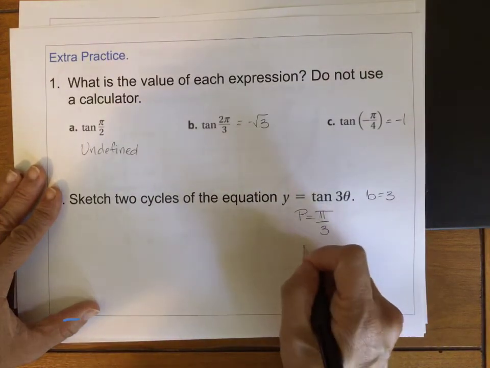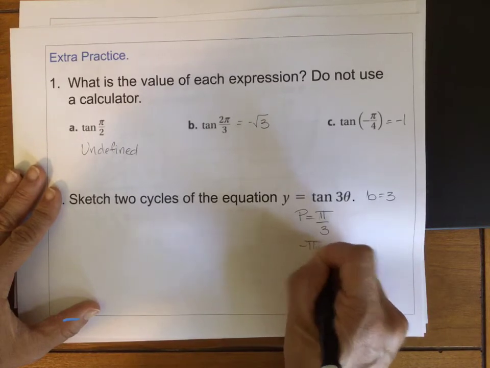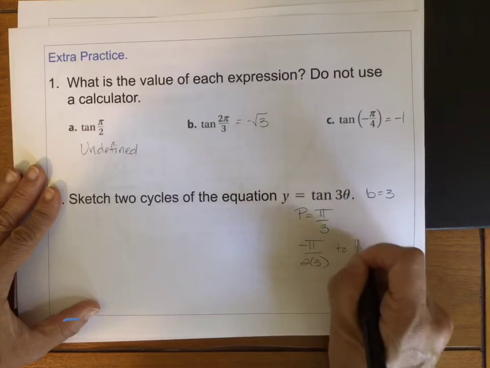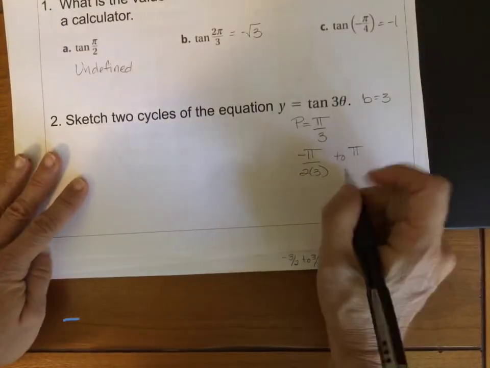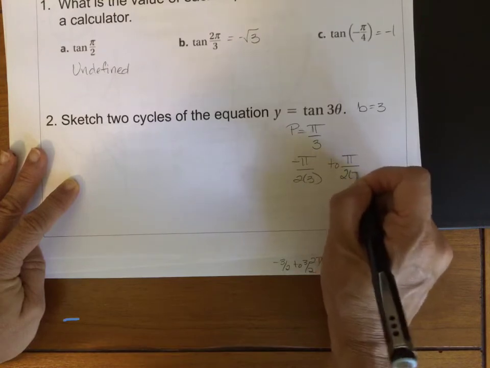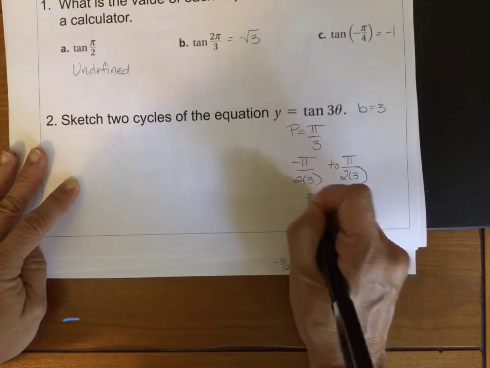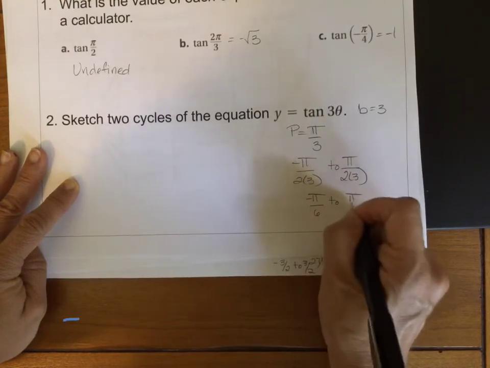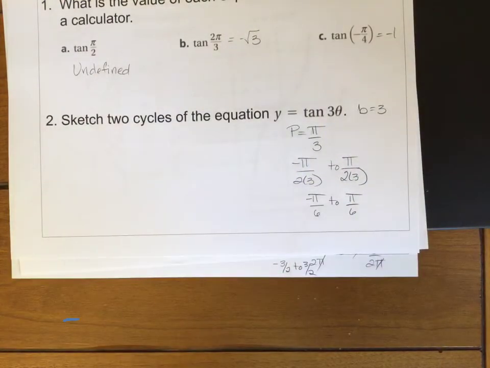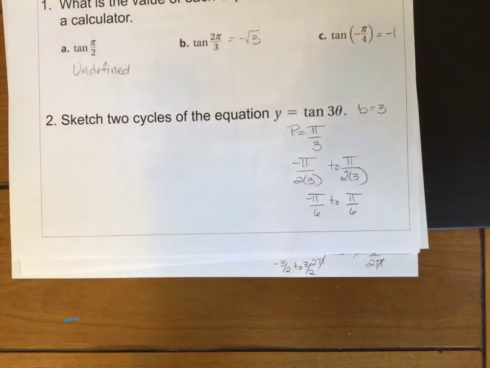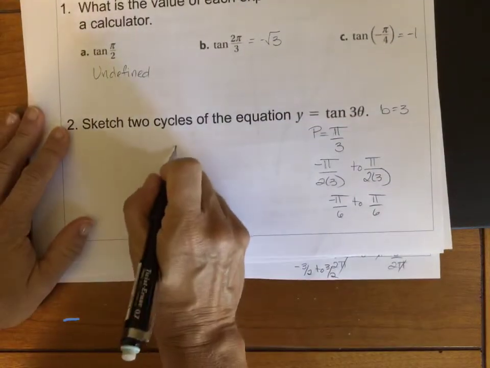And that would make my vertical asymptotes negative pi over 2 times 3 to a positive pi all over 2 times 3. So my vertical asymptotes are negative pi over 6 to a positive pi over 6. And that helps us give our scale. So each dash on the graph is going by pi over 6.